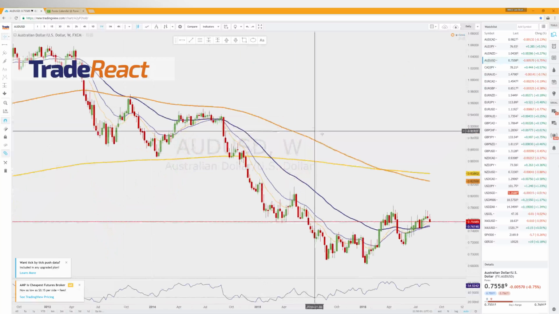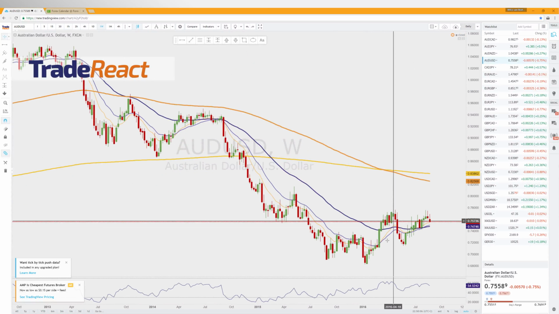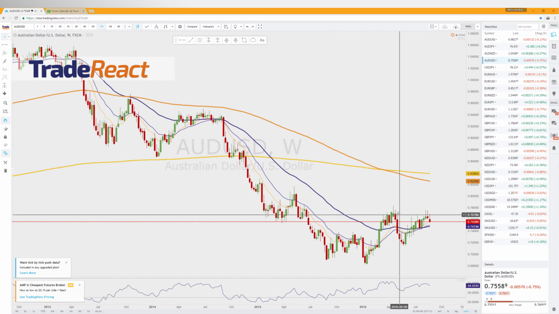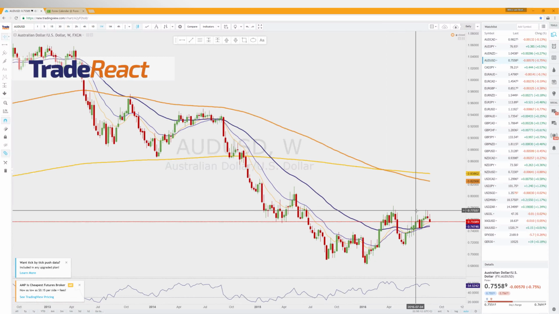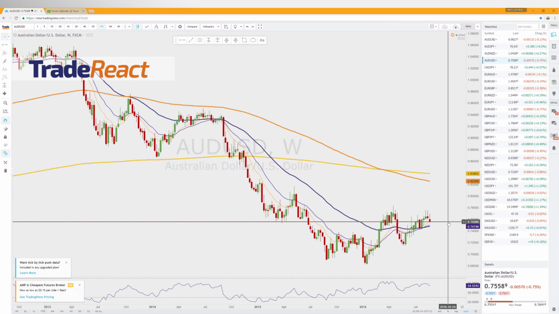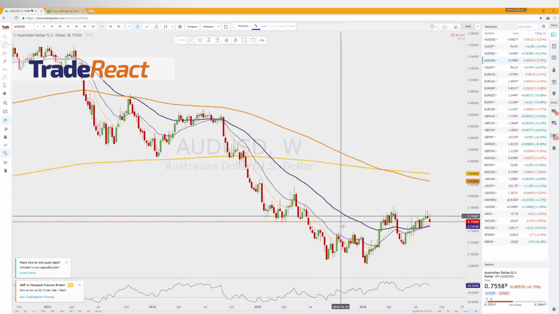Aussie US dollar weekly. Have kind of a double topping here. RSI showing a bit of divergence, lower high, and here also marginal lower high on price. We might be turning lower. It's still respecting here some uptrend, retracement.